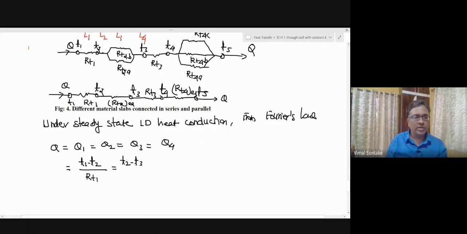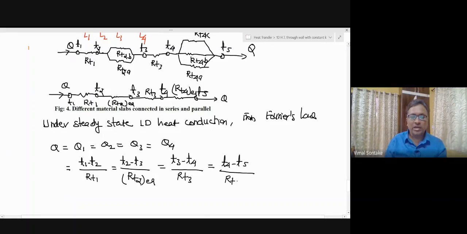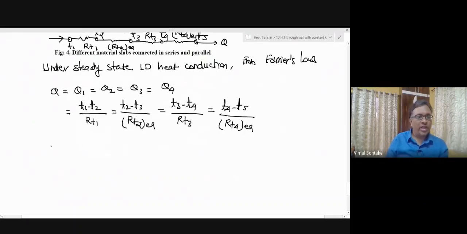T2 minus T3 over RT2, and it is equivalent for material 3 in terms of temperature difference T3 minus T4 over RT3, and for material 4 in terms of temperature difference T4 minus T5 over RT4, and it is the equivalent thermal resistance. Correct?